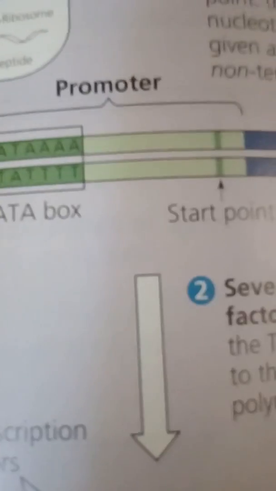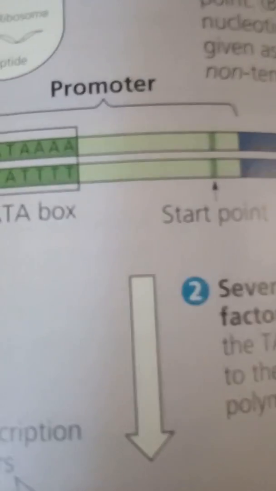In addition to serving as a binding site for RNA polymerase and determining where transcription starts, the promoter determines which of the two strands of the DNA helix is used as the template. Certain sections of a promoter are especially important for binding RNA polymerase in prokaryotes.